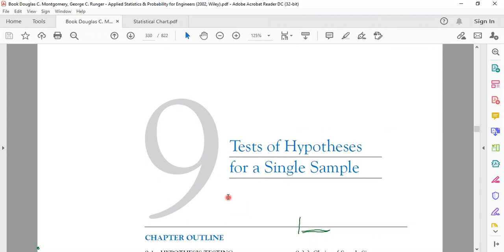Today I'm not going to continue any further on testing of hypothesis because I have to take an examination in another section, and the question preparation is still there. The test time I have given them is 3 p.m., so I have to stop here right now.